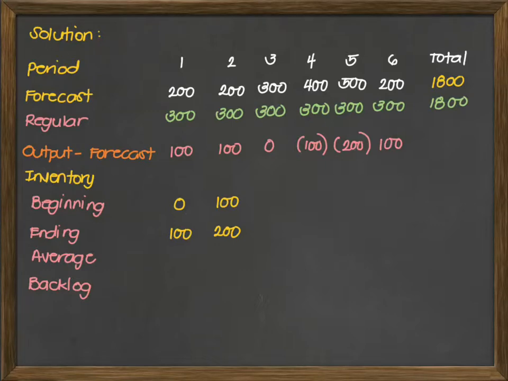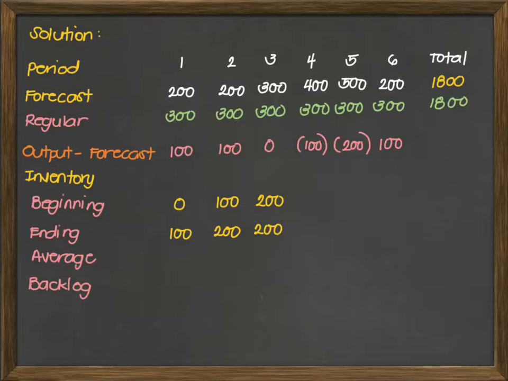Now, again, yung ating ending inventory sa period 2 will be the beginning inventory of period 3. So, kaya may 200 doon sa ating period 3. Now, walang excess production. So, ibig sabihin, hindi din na-use up yung 200 units sa ating inventory. So, ending inventory remains the same.